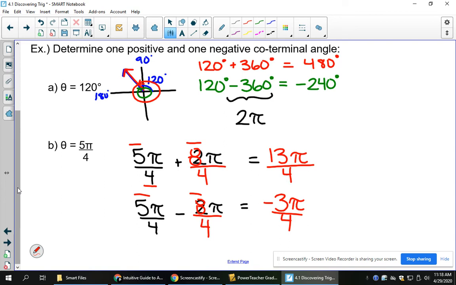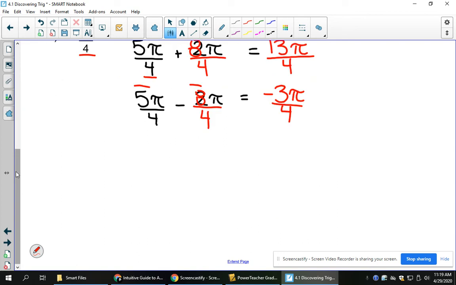Another rule that we have to know is if it starts in radians, your answer has to be in radians. Let's write that down nice and big. This is very important.